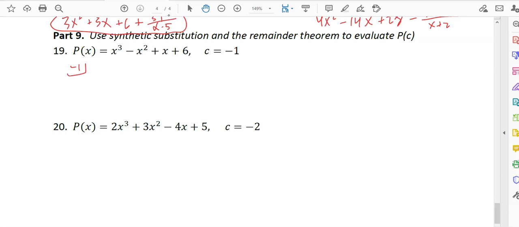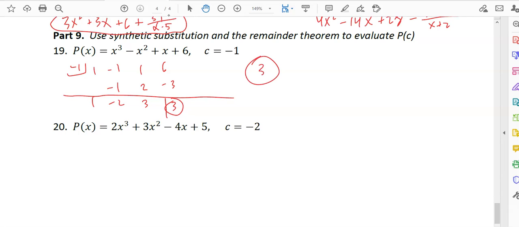Negative 1, 1, negative 1, 1, 6. Oh, this is going to go fast. 1, this is negative 1, negative 2. If I add, it's going to be 2, which is 3, negative 3, 3. My answer is 3. The remainder is the answer when you do synthetic substitution.